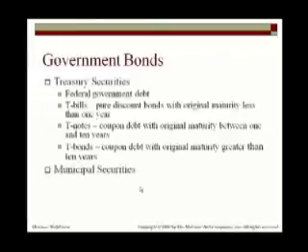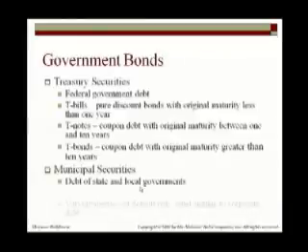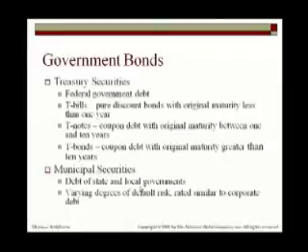And then we have municipal securities, which are securities issued by state and local agencies, even cities, and there are varying degrees of default risk, and these entities are rated because they can default. If you think about the U.S. Treasury, they have the power to print money. So technically they can't default, although you could question the value of the dollars you're paid with.